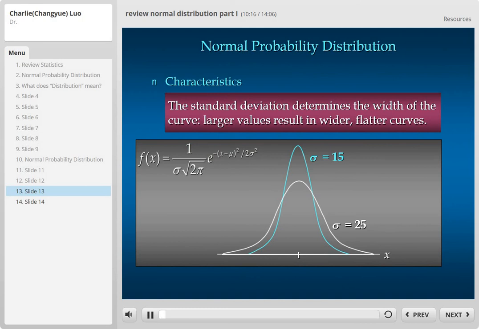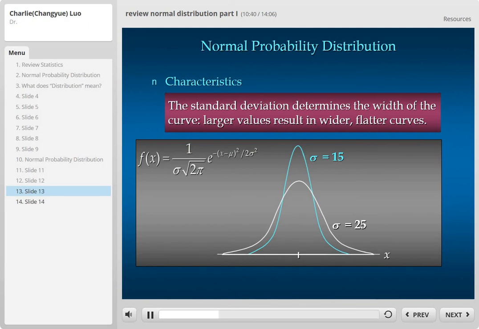Other than mean, we also have this standard deviation that determines the normal distribution. Recall that in a past slide, the mean determines where the middle is of a normal distribution. Now, standard deviation is slightly different.